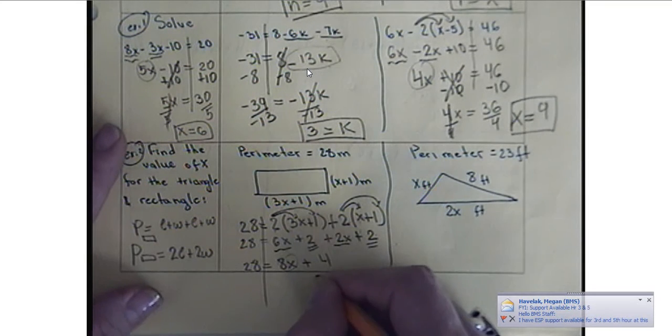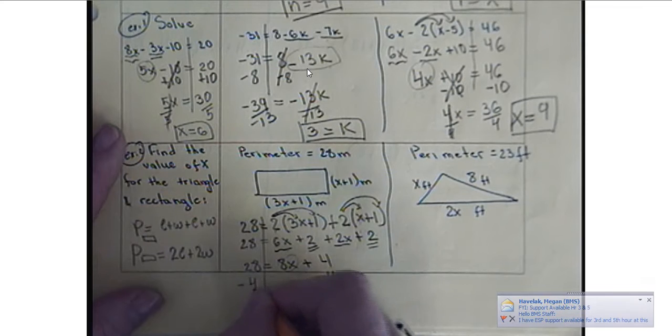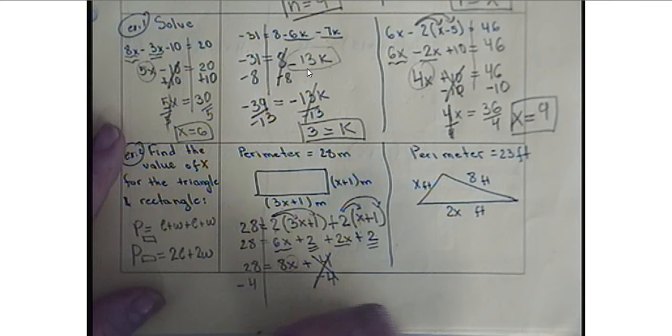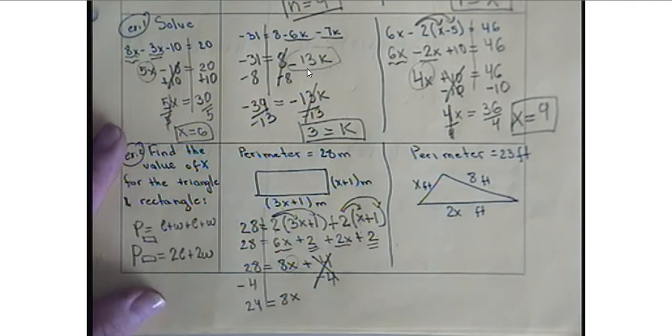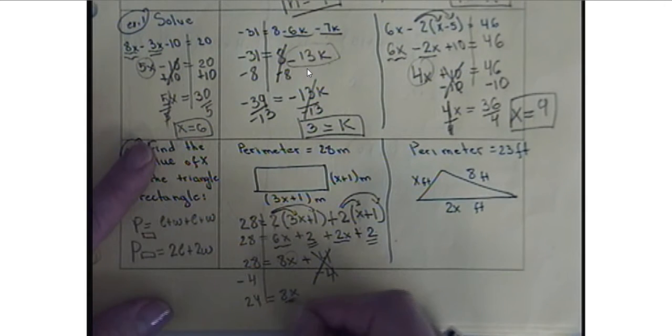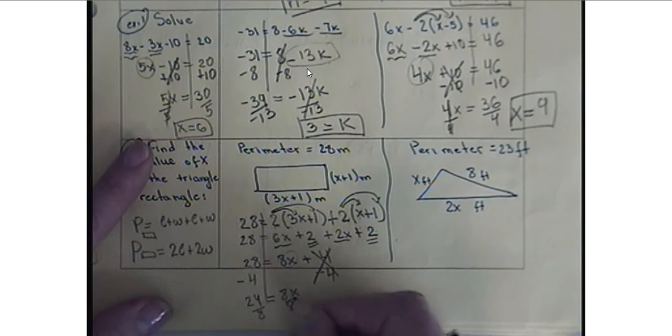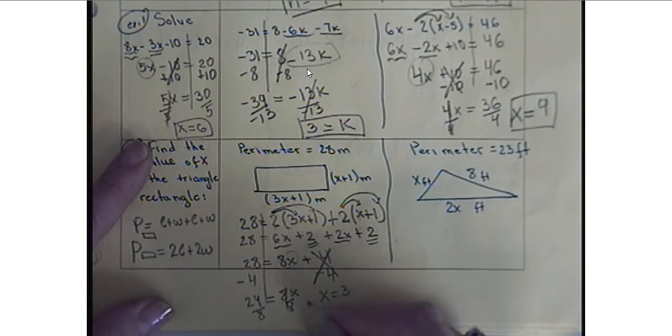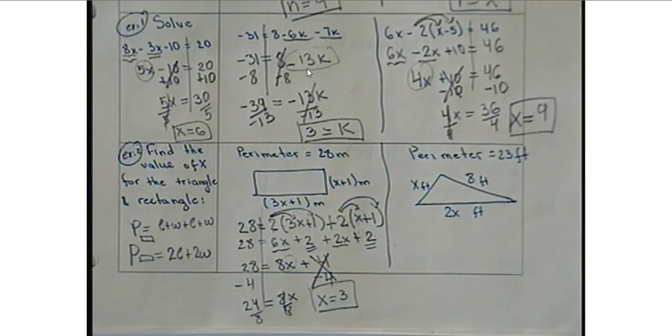So minus 4 on both sides, those two cancel. 28 minus 4 is 24 equals 8x. One last step will be to divide by 8. So x equals 3. The value of x for this example is x equals 3.